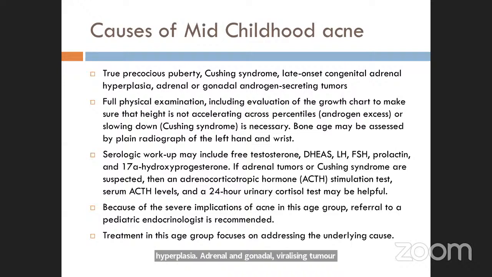So in this case, we send the patient across to a pediatric endocrinologist so that they can be evaluated for all these underlying possible causes, including bone age, including serological workup, and clinical examination to look for signs of development of secondary sexual characters. Next slide, sir.